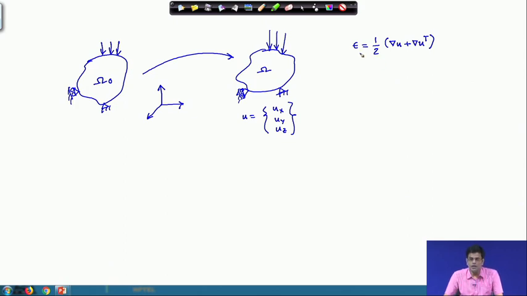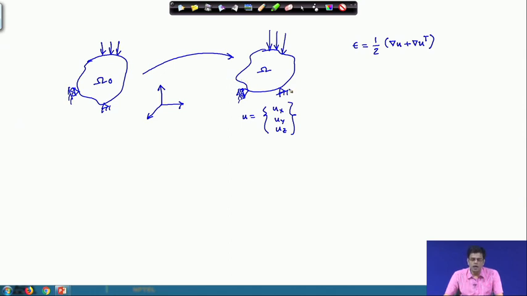Before that I want to emphasize this, that after knowledge of strain, displacement and knowledge of stress, we can formulate the governing equation or the equilibrium equation of the body. That body goes from the undeformed state to the deformed state, and this is essentially the force balance equation.